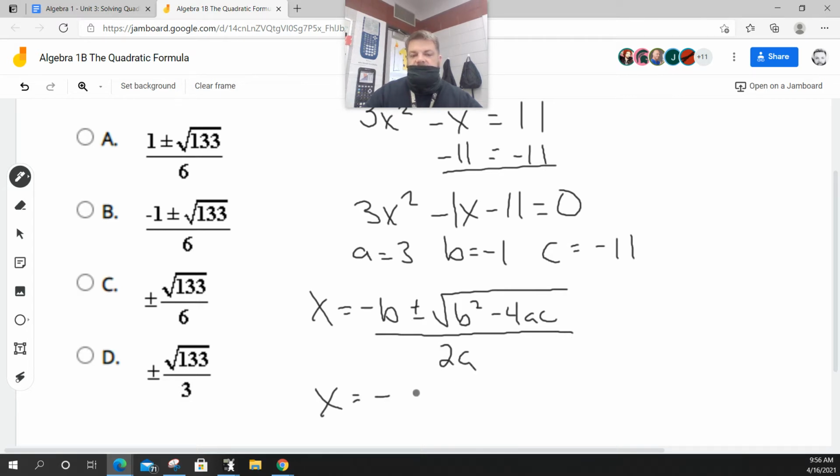B is -1, right? So it's negative, and then b is -1, plus or minus the square root of b squared, which is -1 squared, minus 4 times a, which is 3, times c, which is -11.